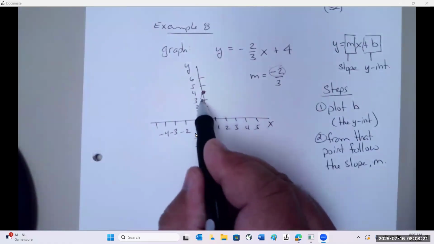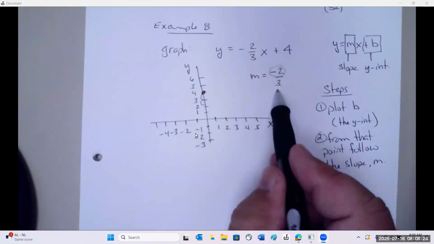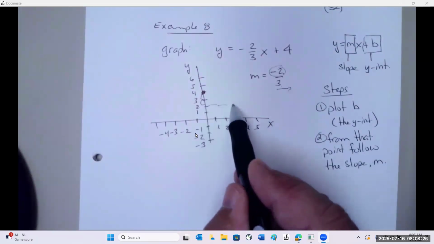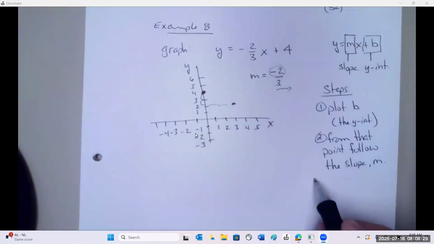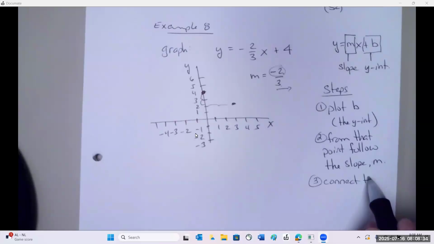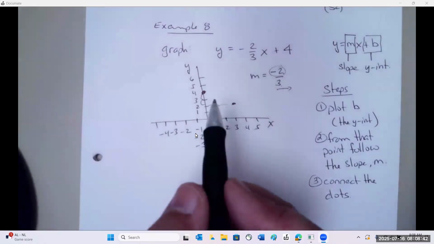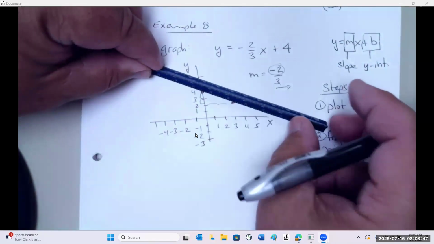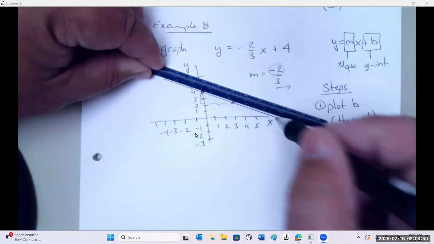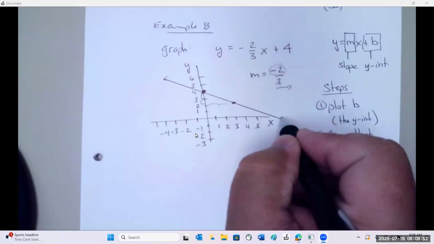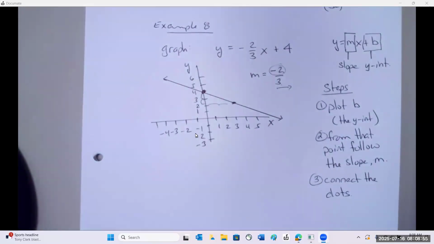Go down 2 spaces, and then 3 to the right. 1, 2, 3, and then plot a point there. Then connect the dots. Pretty easy. That's pretty much all there is for graphing equations.